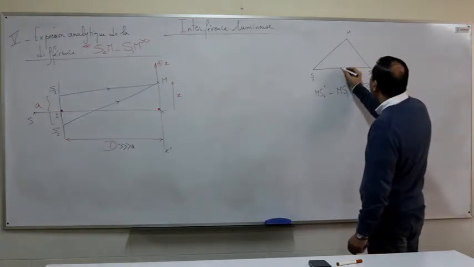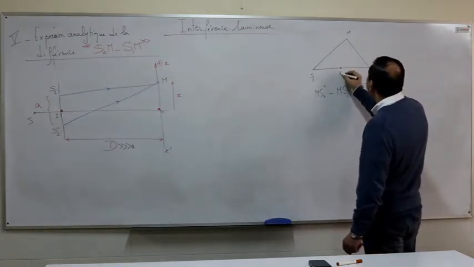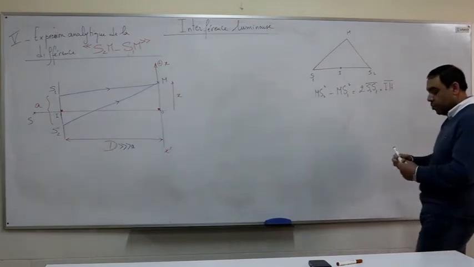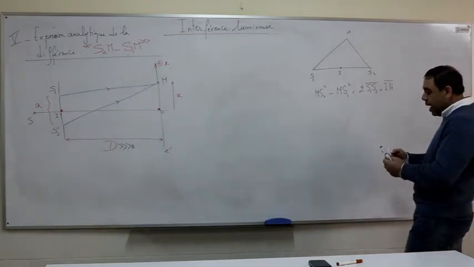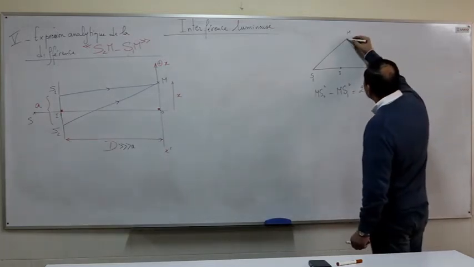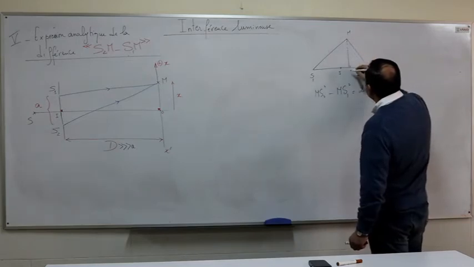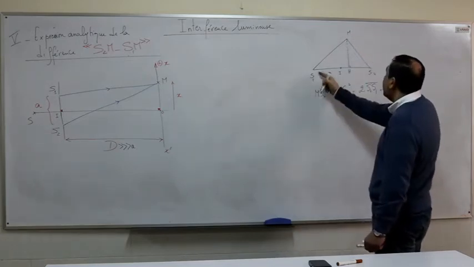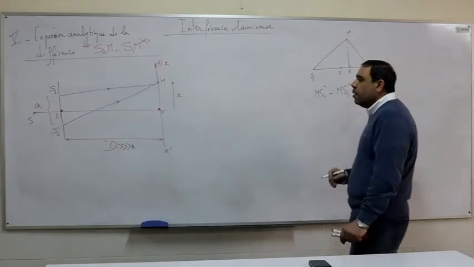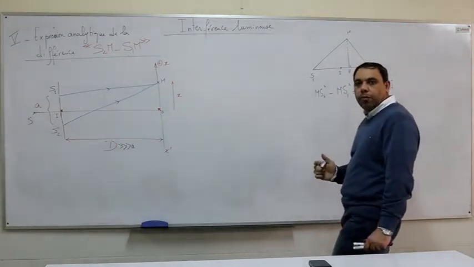I is the midpoint of S1S2, and H is the foot of the perpendicular from M to S1S2. We are going to use this formula and apply it in our figure.